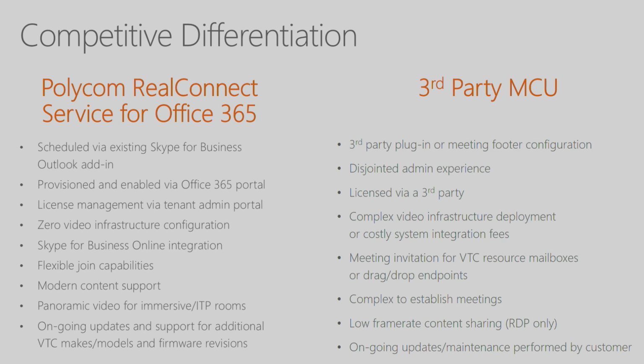Thanks, Albert. So flexible join capabilities can mean a lot of things, and we're going to go into detail around what those are. But as I mentioned earlier, ensuring that anyone can join any type of video conferencing system into this meeting is extremely important. So when we talked to customers about how they expected this to happen, we focused on 3 specific areas. And one of those areas was, what do we do about different types of endpoints?